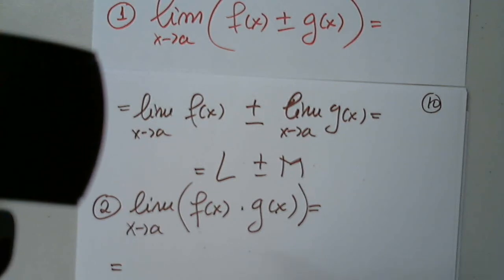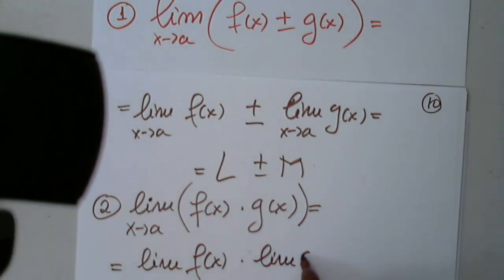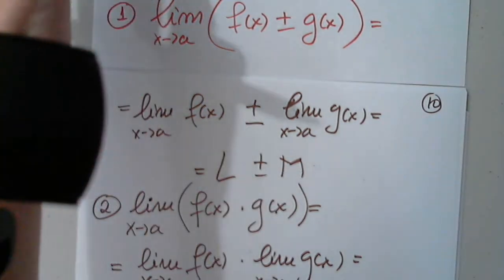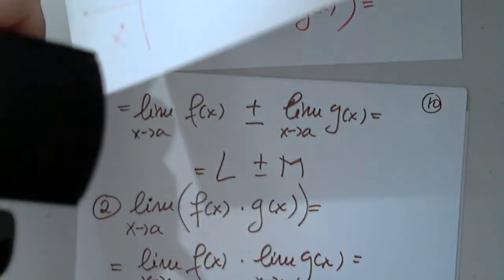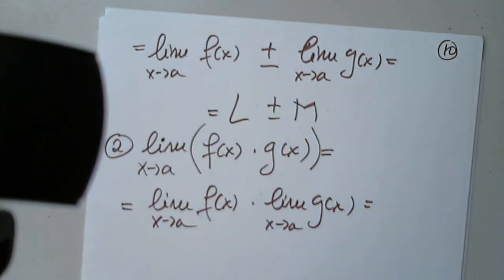What do you think? Is it going to be limit f of x times limit g of x? That's it. And eventually this will be L times M. That's it.